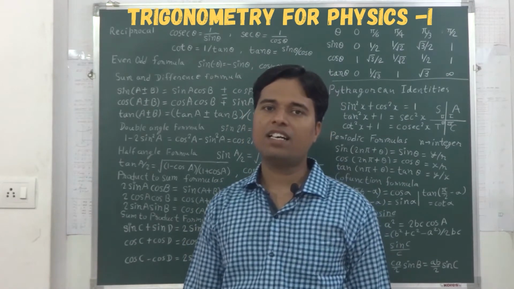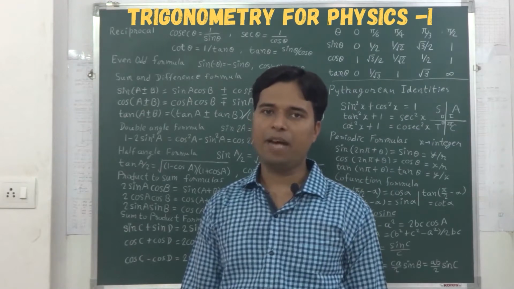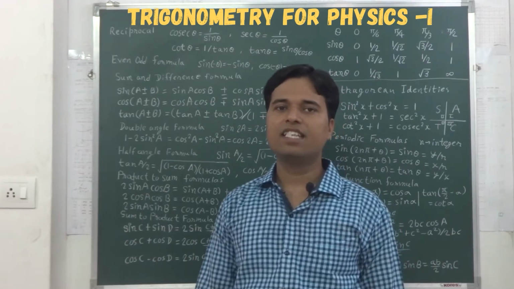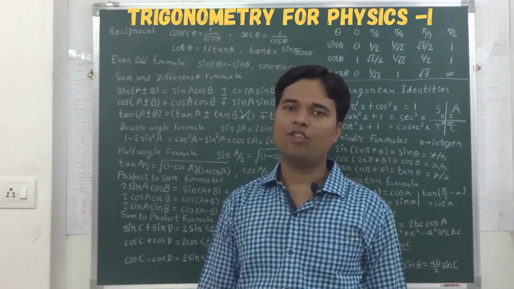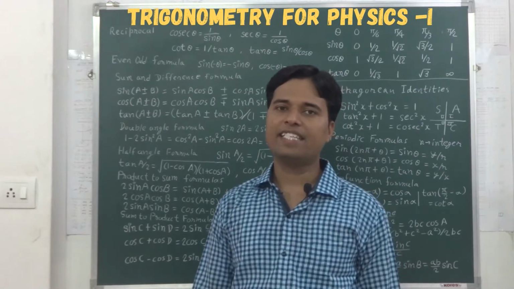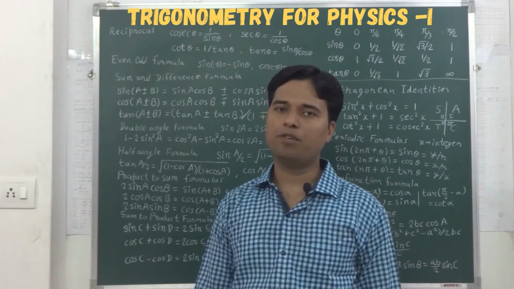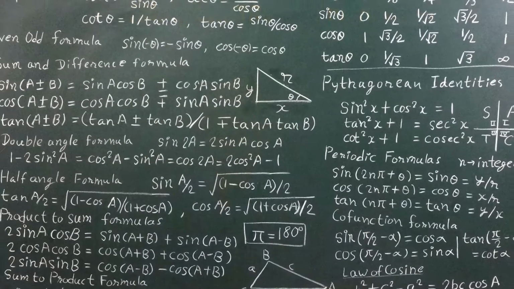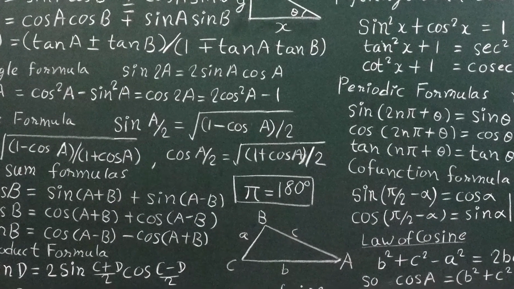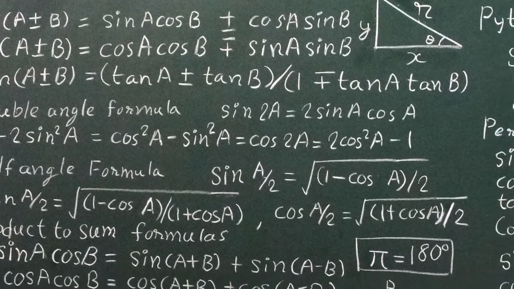The cos theta is equal to the base upon the hypotenuse, and the tan theta can be written as sine theta upon cos theta, and also in terms of perpendicular and base, tan theta is equal to perpendicular upon base.